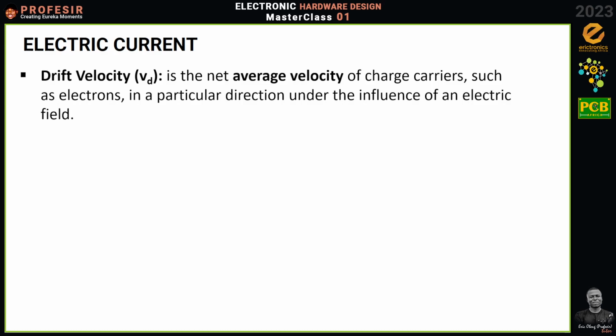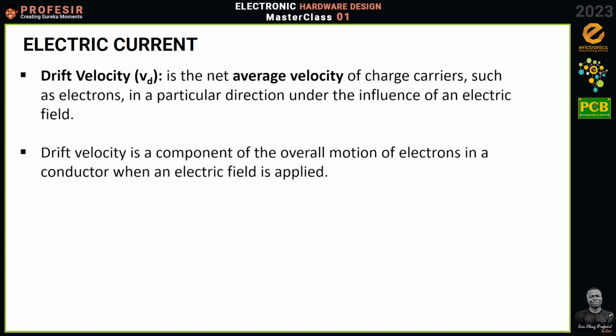Is that okay? It is always due to the influence of the electric field. Good. Now, drift velocity is a component of the overall motion of the electrons in the conductor. We are not talking about a single electron's movement, we are talking about the entire thing called current. So you can take it as the speed of the current.